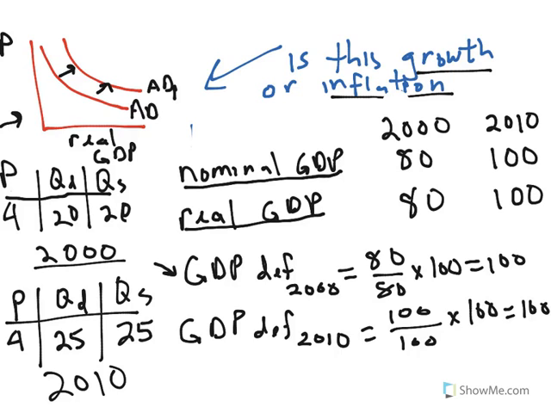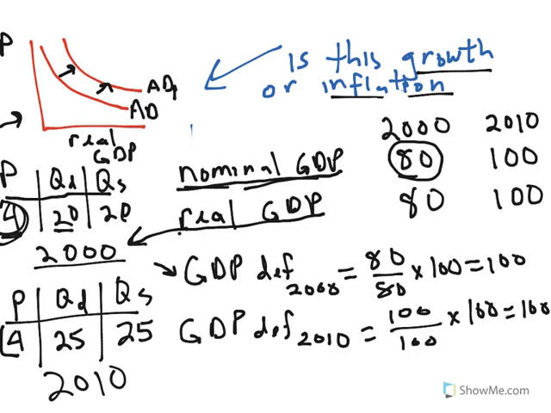Now the nominal GDP is equal to the real GDP at each year. 4 times 20 gives us 80. That's the real GDP, the GDP of that specific year. The real GDP looks at 2000 as the base year. So real GDP will always use the 2000 price for every year that it calculates.